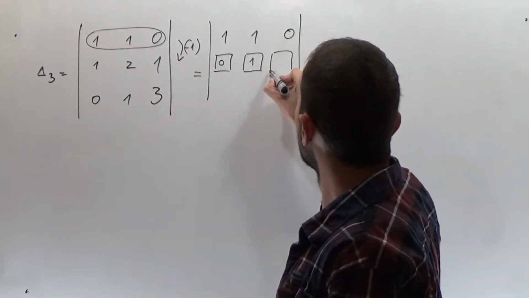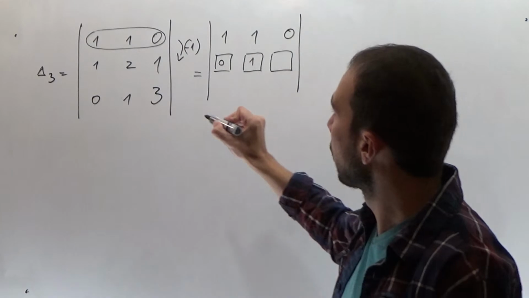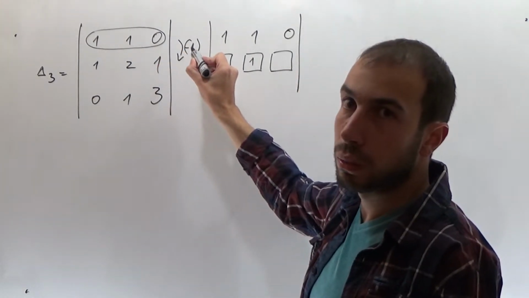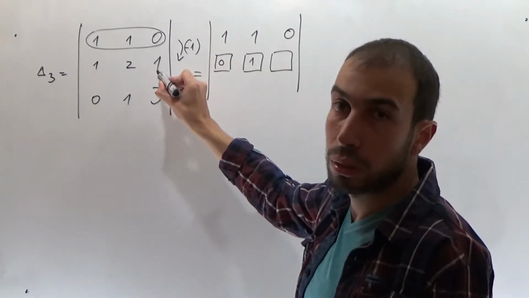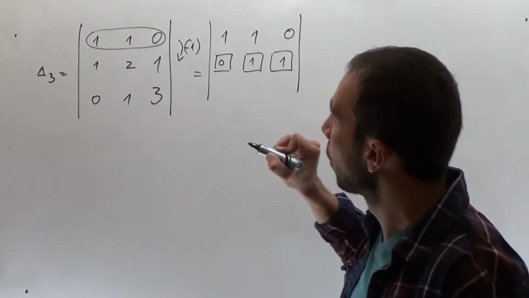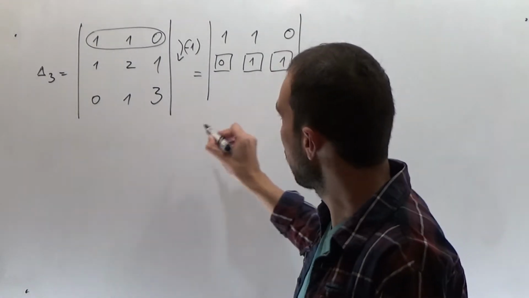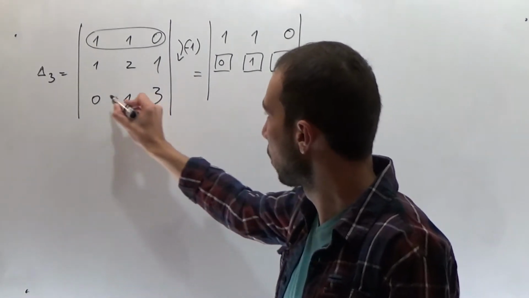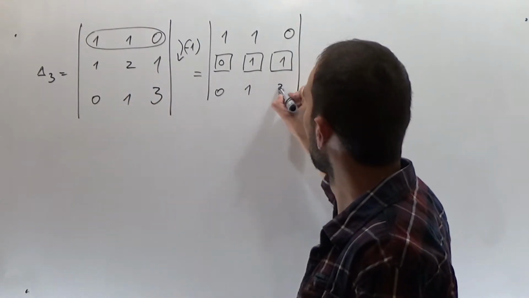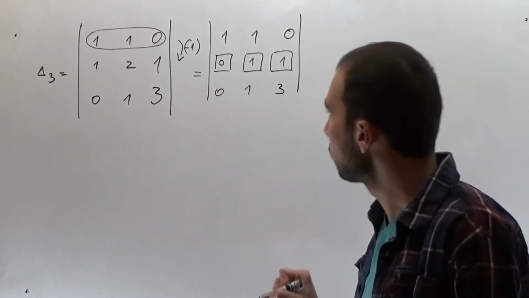Here, the third element is 0 multiplied by -1, which is 0, plus 1, which is 1. Okay? And we have to rewrite the third row. Okay?